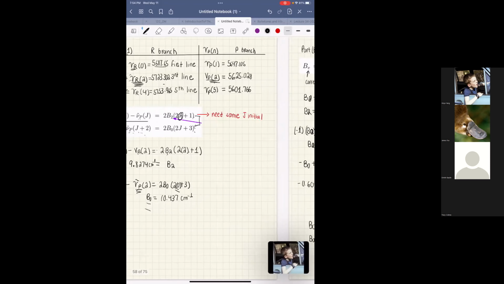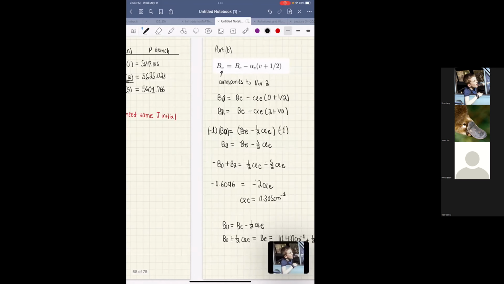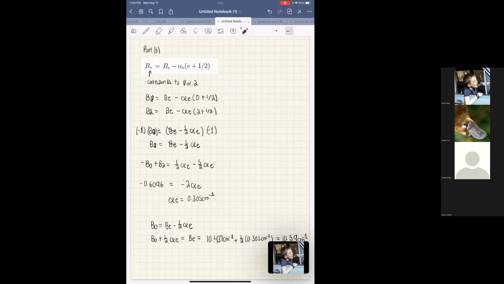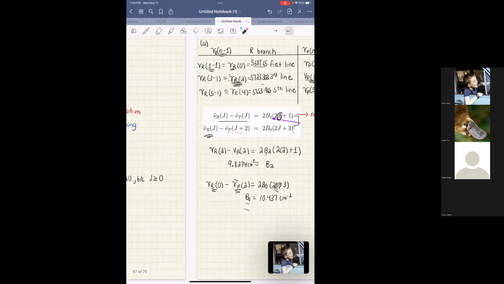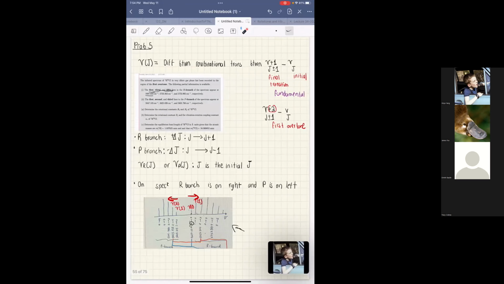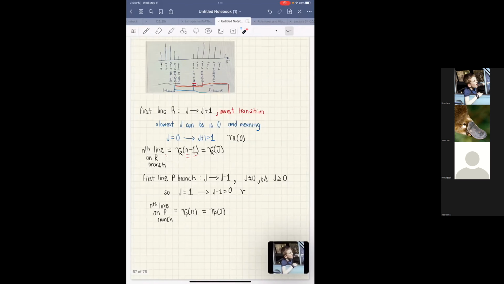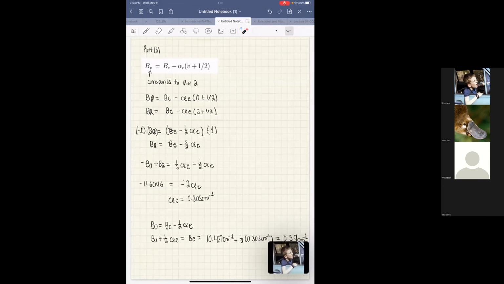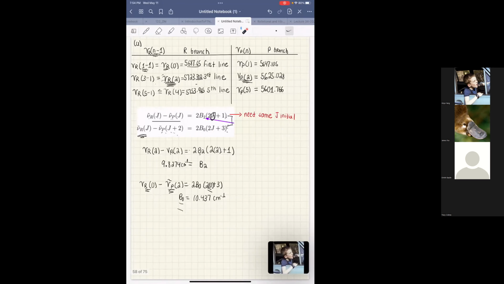Okay. So then the next part, we have to calculate B of V. Wait, like alpha E, I think, right? Yeah. It's weird. I didn't know how to do this initially when I was solving this for your review, but I figured out it's actually really simple.